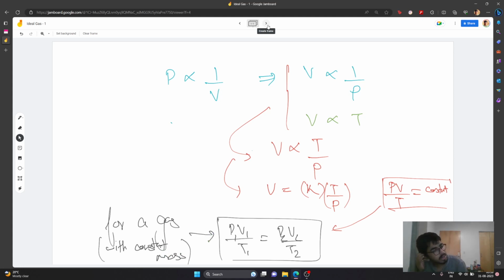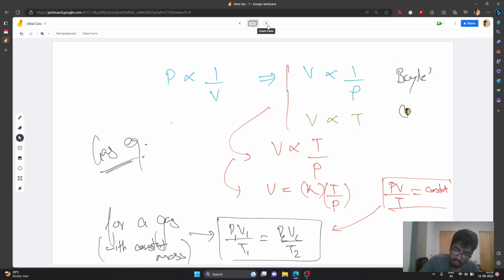So this is kind of like a gas equation, right? This is one thing that we can see from here. So this is combining Boyle's law with Charles' law, right? Okay, and so that's one thing.